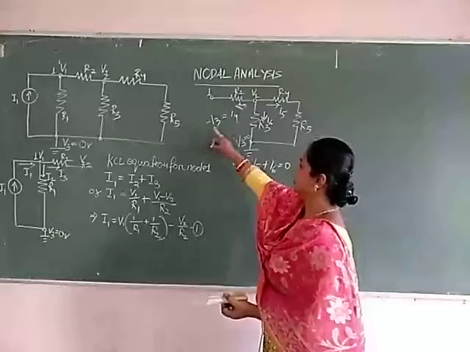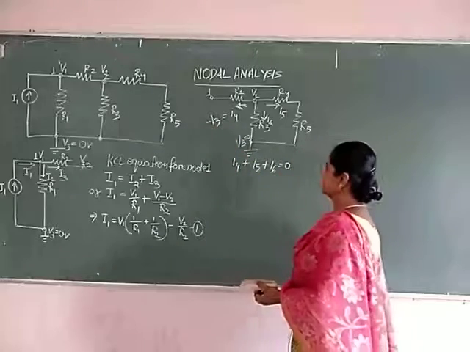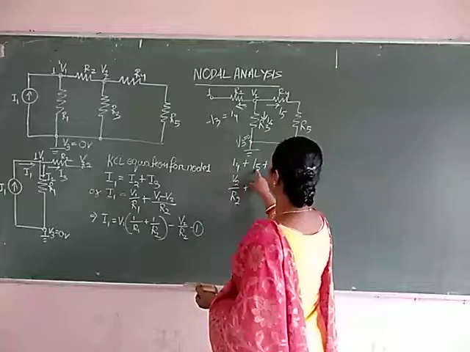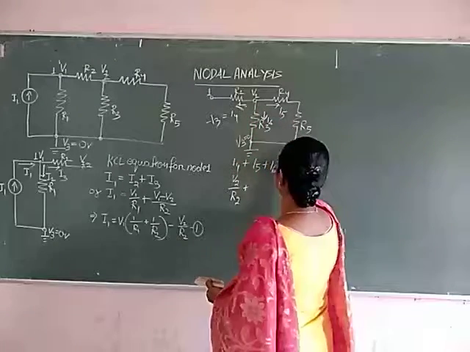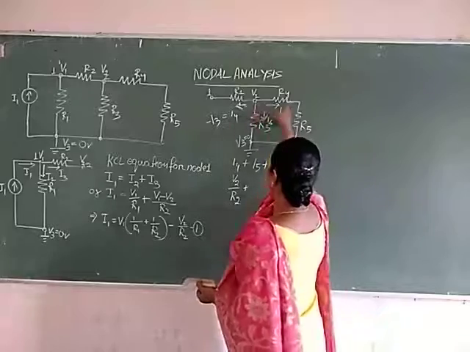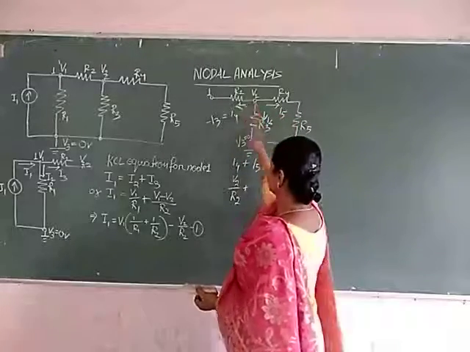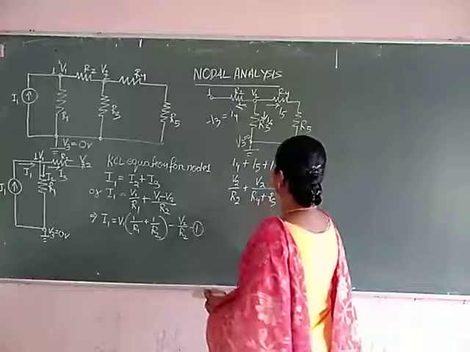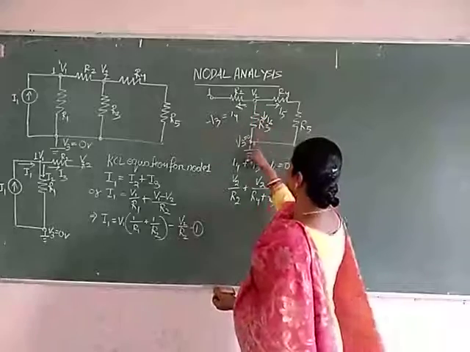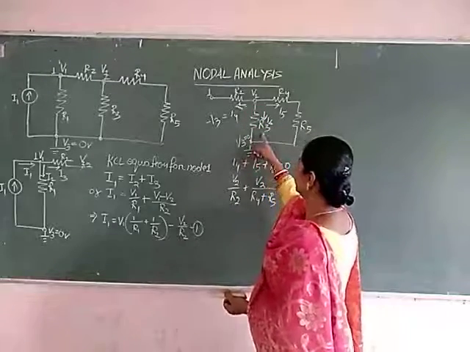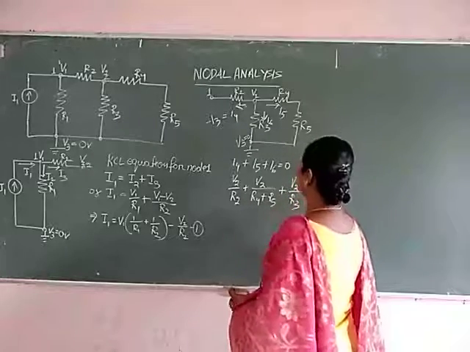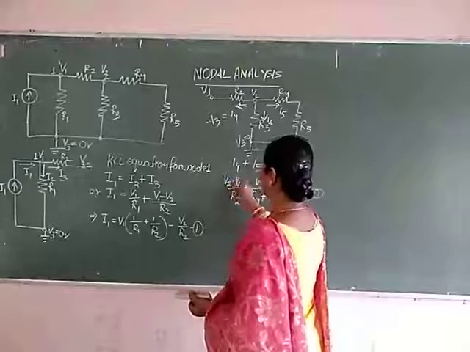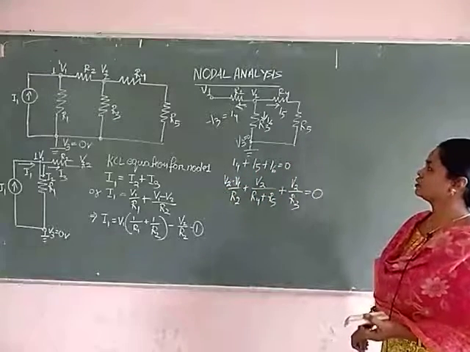I4 is the current flowing from node 2 to 1.